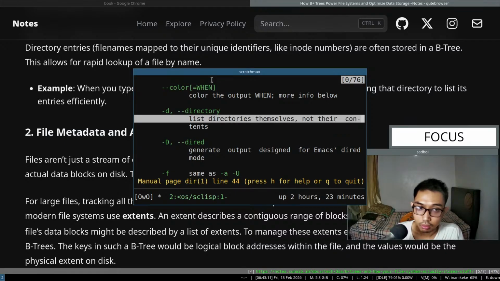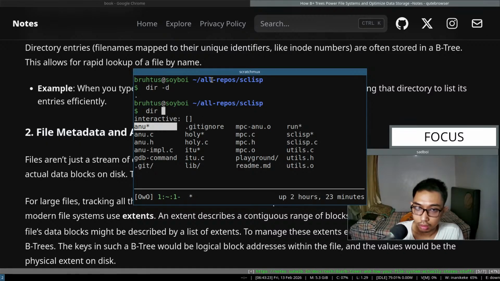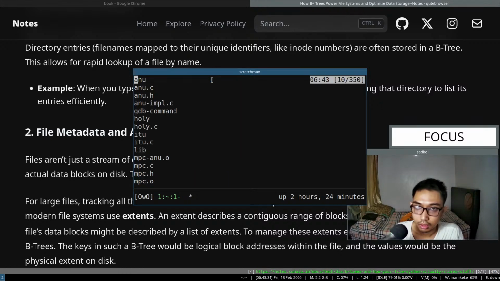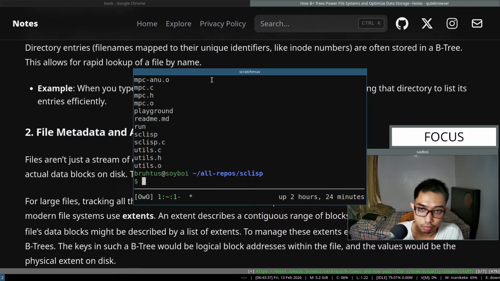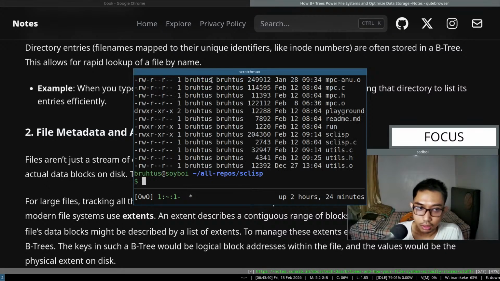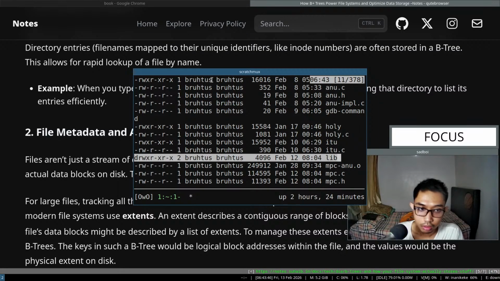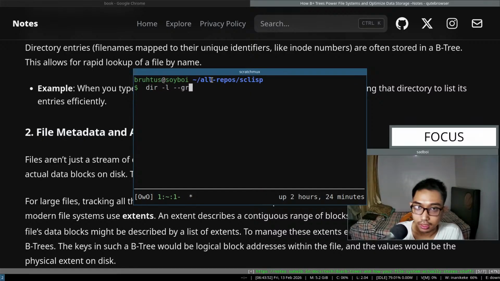This lists the directories themselves, not their content. See, there is no lib, right? When we are doing this, there is no lib. This is lib. Interesting. What is the difference then?